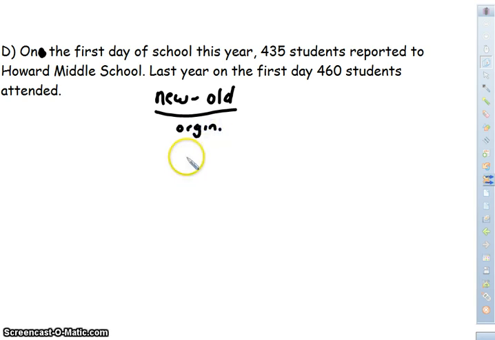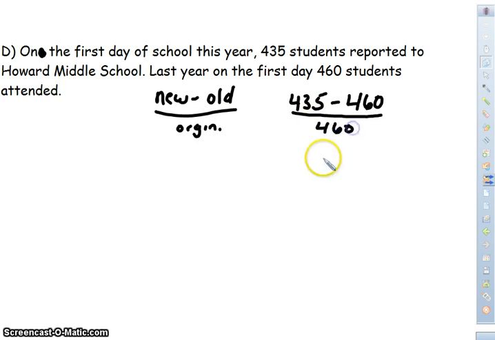My new minus the old over original. So my new is, on the first day of school this year, and this is where you have to be very careful, this year, 435. That's the new. Last year, that's the old, 460 students, over the original, which was 460.